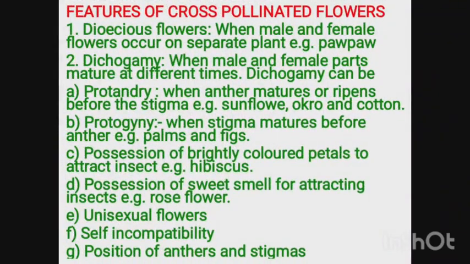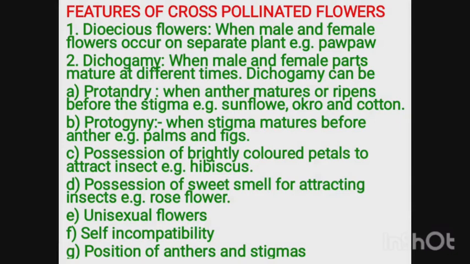So let's look at the features of cross pollinated flowers. How do we know a cross pollinated flower? Number one, we have what we call a dioecious flower. A dioecious flower refers to when male and female flowers occur on separate plants. An example is the purple.